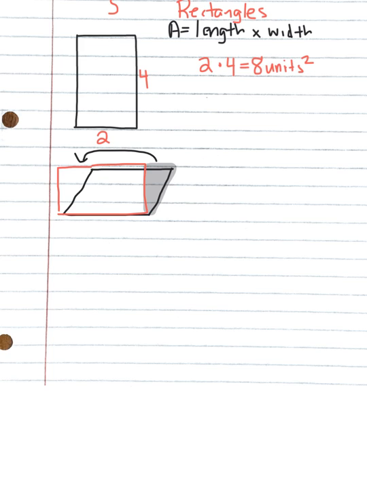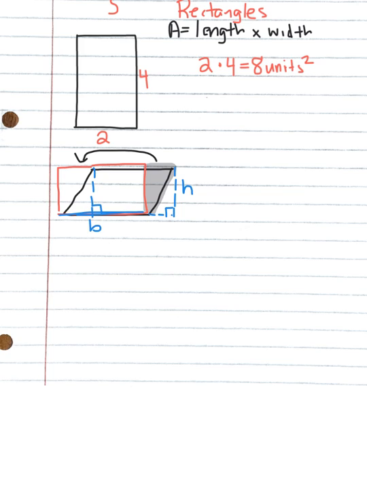So as we're looking at this, this could be the height right here because it forms a 90-degree angle with the base, or it can be dropped down in the middle, once again showing that 90-degree angle. But the length of the base of the rectangle itself never changed.